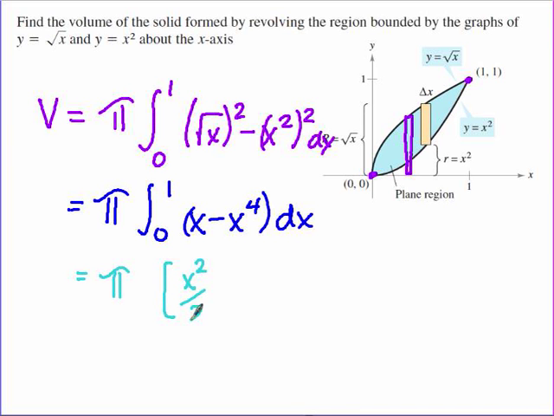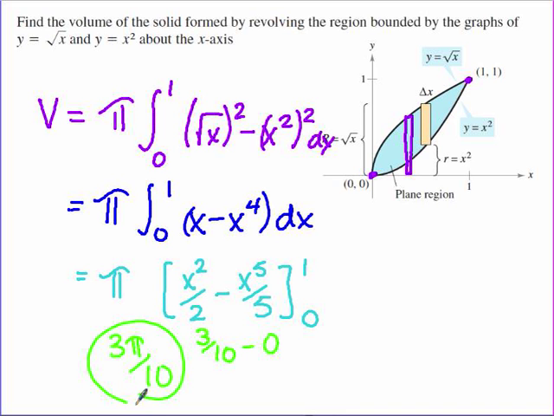And the integral of x to the 4th is x to the 5th over 5 from 1 to 0. So then now when I plug in 1 and 0, let's plug in 1 first of all. When I plug in 1, I get 1/2 minus 1/5, which is 3/10, and then minus 0. So your answer will really be 3 pi over 10.